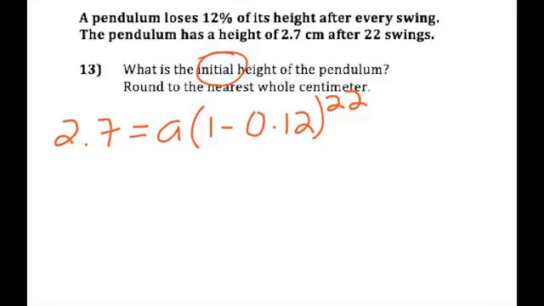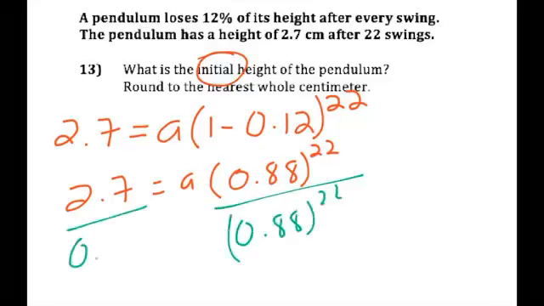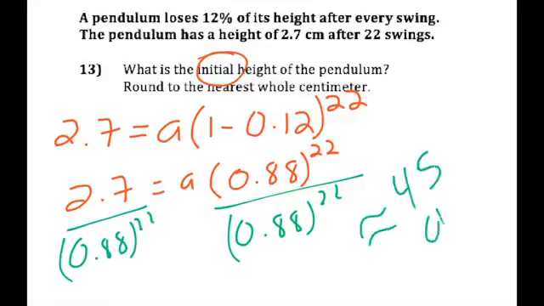Then I simplify my 1 minus 0.12, so I have 2.7 equals A parenthesis 0.88 to the power of 22. Now let's simplify. We want to divide both sides by 0.88 to the power of 22. And our answer is about 45 centimeters.